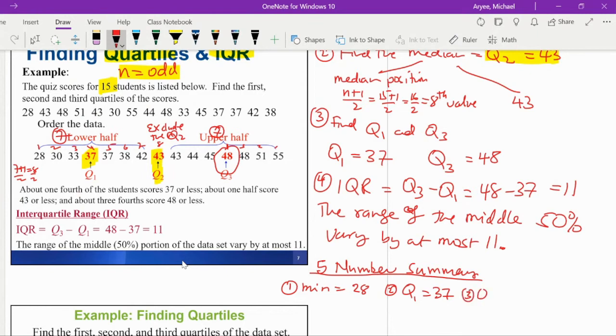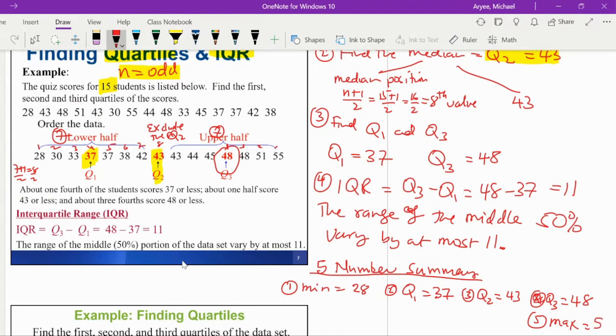Then the next is Q2. What is Q2? That is the median. We found the median to be 43. Then the next, number 4, is Q3. What is Q3? Q3 happens to be 48. And then number 5 is the maximum. What is the maximum of this data?